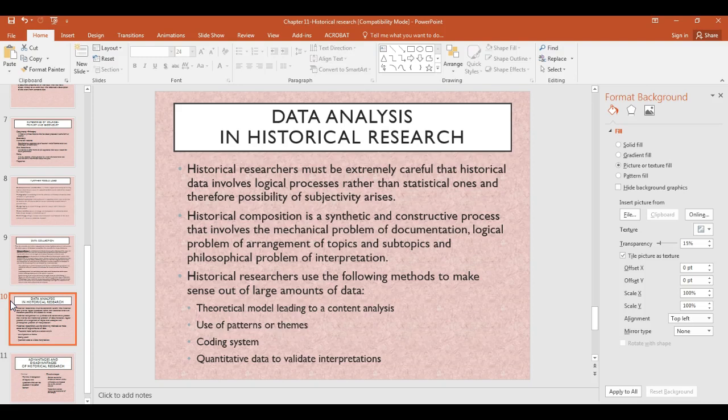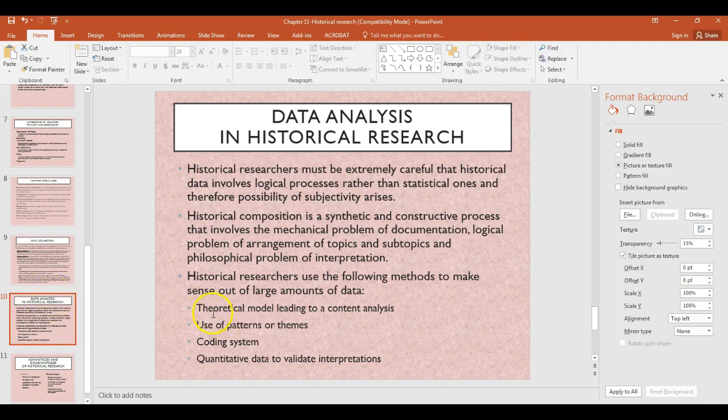This logic will ensure less subjectivity, and you really can't ensure that there is no subjectivity, because qualitative research comes with a lot of subjectivity. So you can't say ensuring it, but you are really making sure that you have less biases and less subjectivity, basically.